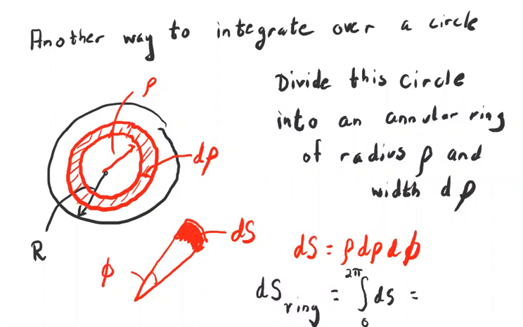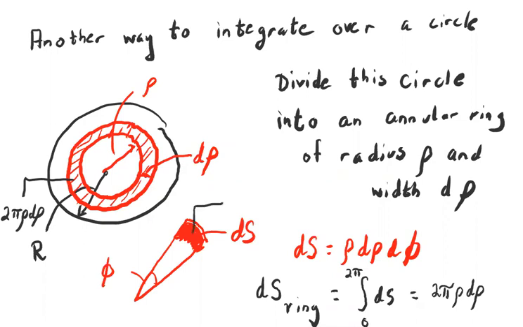If I do exactly what I just said, I find that the area of my annular ring is just 2 pi rho d rho. Okay. So what's shaded is 2 pi rho d rho.